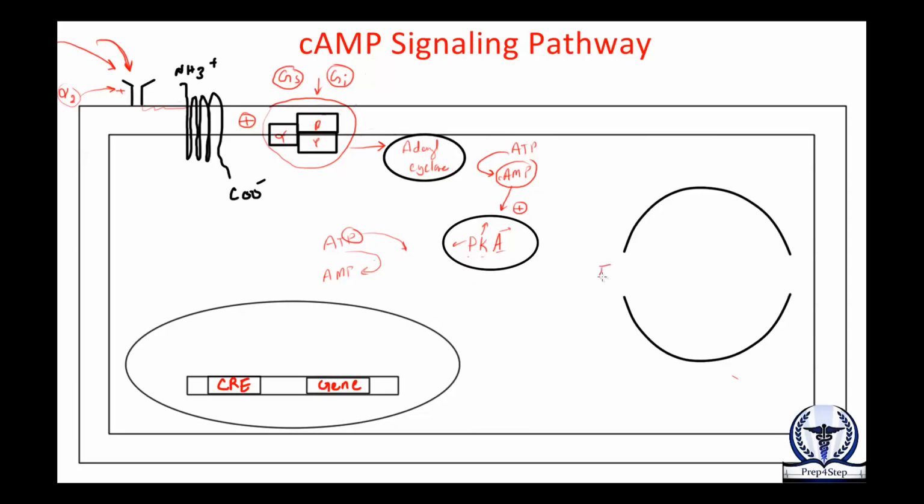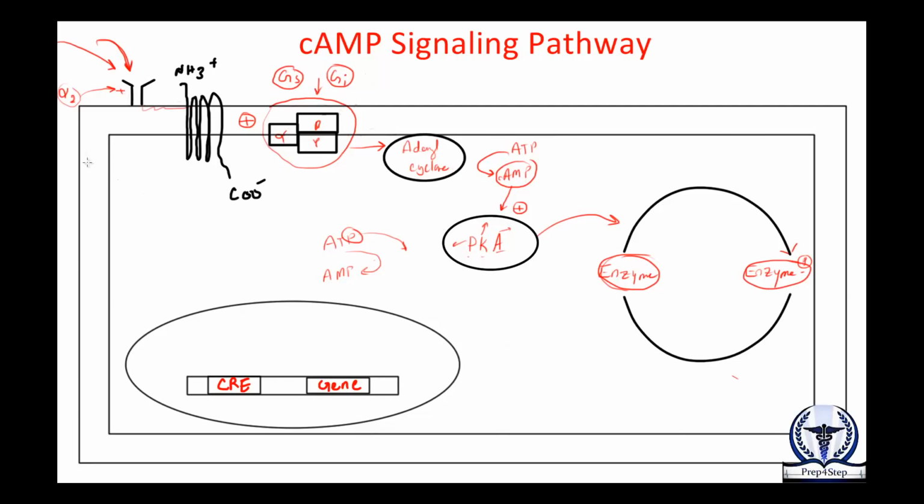So if I had an enzyme here, what do you think I'm going to have over here if it was stimulated by PKA? Well, the enzyme would get phosphorylated. So PKA, protein kinase A, will phosphorylate proteins and enzymes inside the cytoplasm.